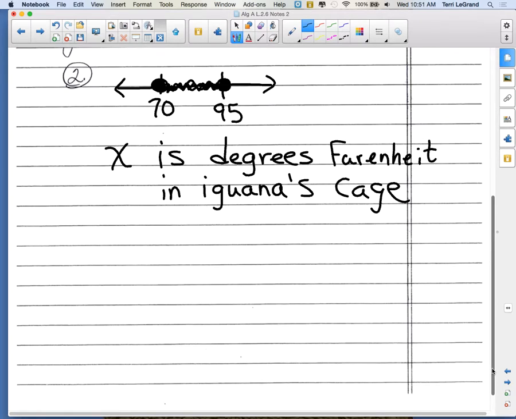Okay, now we know what variable to use in our compound inequality and what it's representing. So write this down, because in problems of this type in the homework you have to do that. Pick your variable and describe it. Have a graph. Have an algebraic solution.